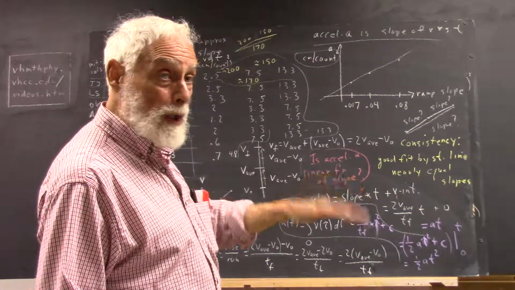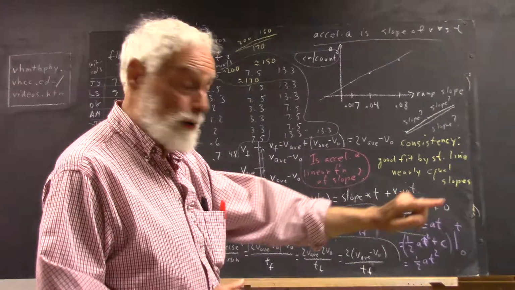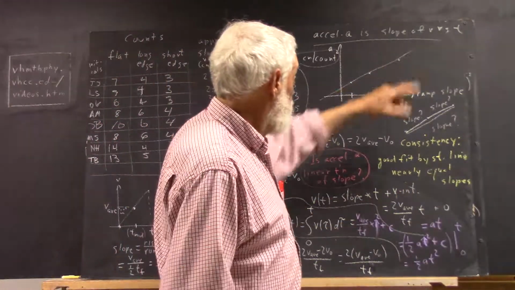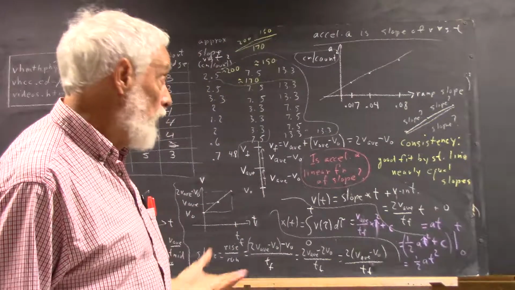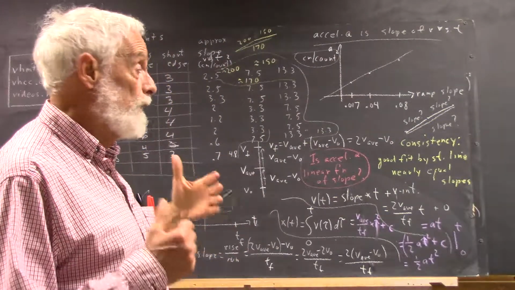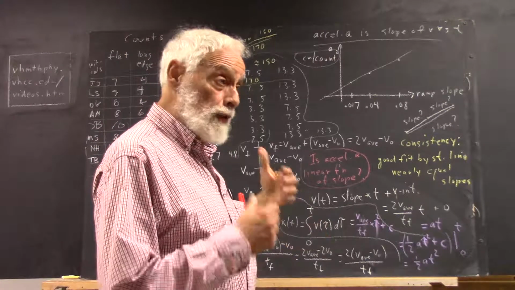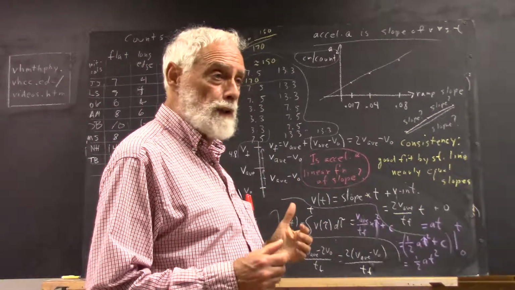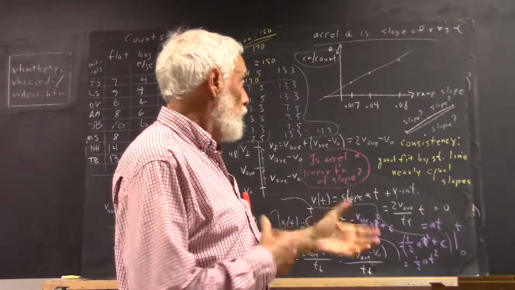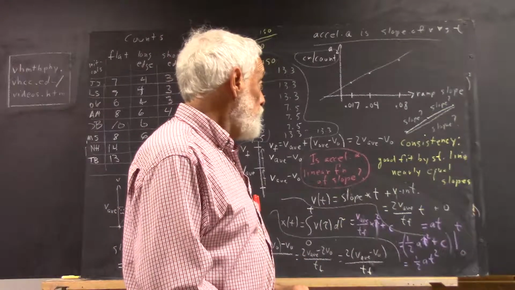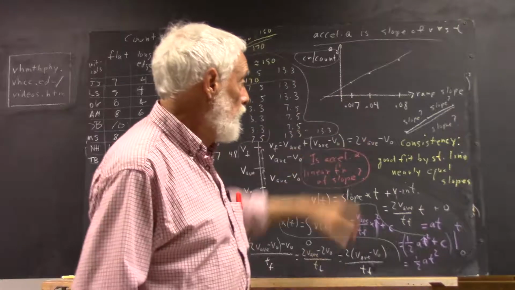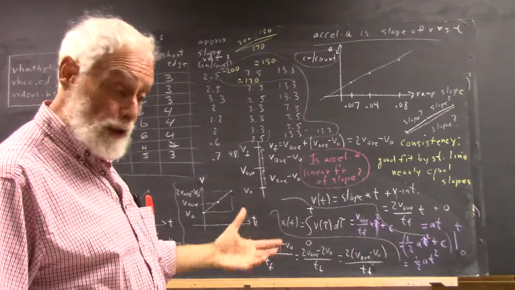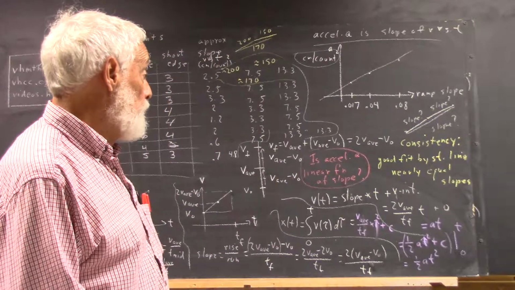It's the rise of the ramp divided by the run of the ramp. When we did this, just about everybody got a graph that was either very obviously well fit by a straight line or very nearly so. And this is, in fact, what we would expect, for reasons that we haven't developed right now.